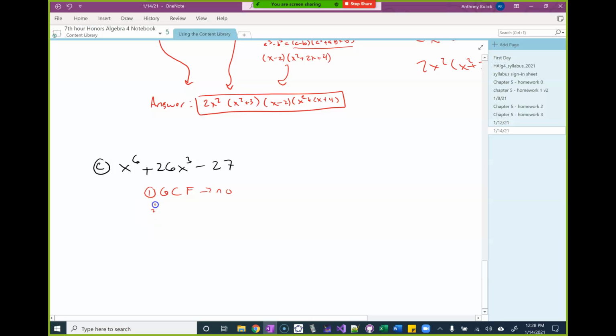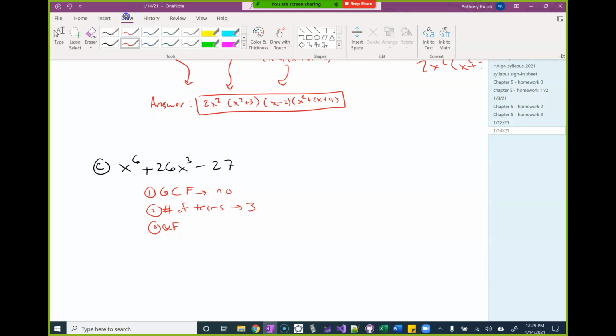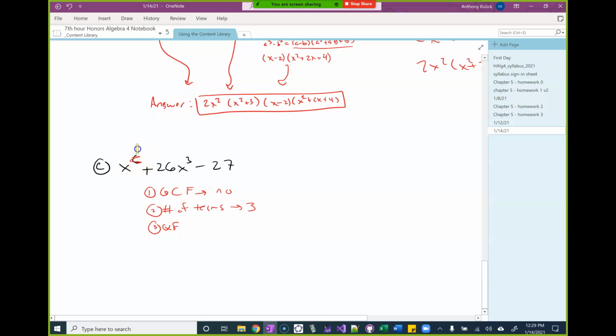Okay, so the next thing we do is look at the number of terms I have here. 3. So if we go down the 3-term branch, we have to check to see if it's in quadratic form. Is this in quadratic form? So what you're checking is that the biggest exponent is followed by the next exponent, and the last piece is a constant.